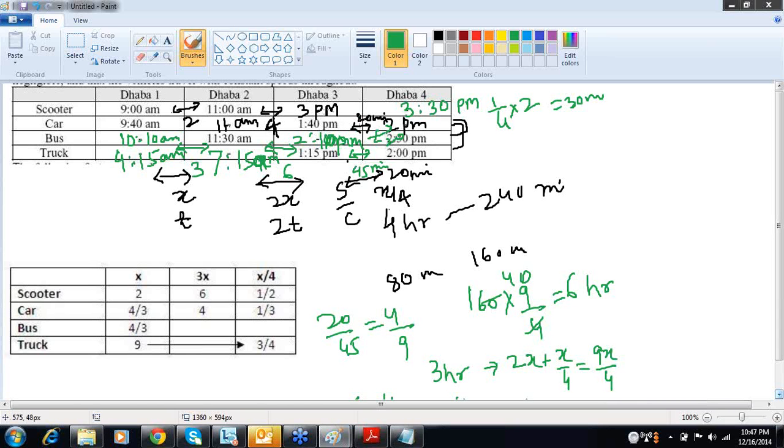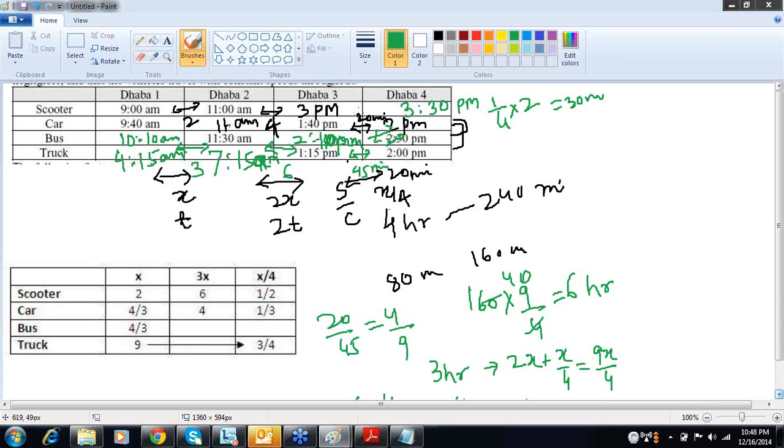Now see the speed between scooter and car. Here it took 2 hours 40 minutes. Here it took 4 hours. So just divide both of them, and you can calculate the ratio of the speed, which is 3:2.